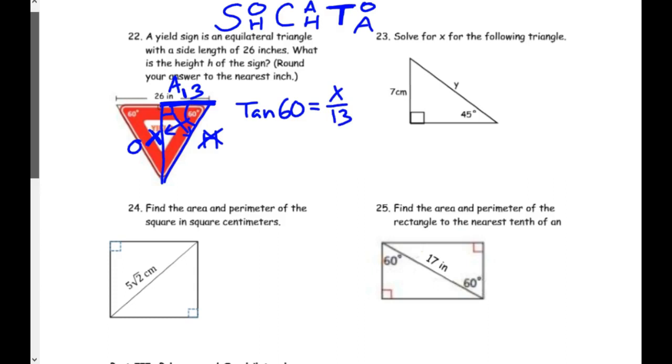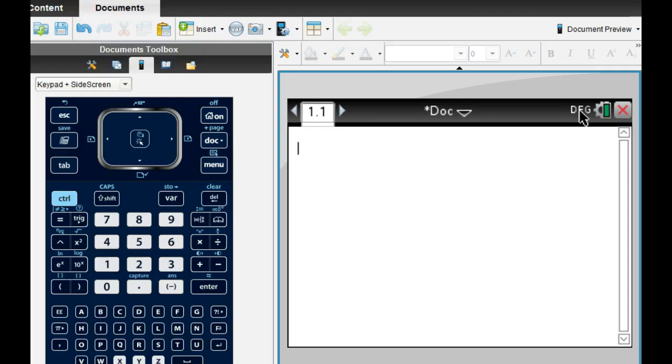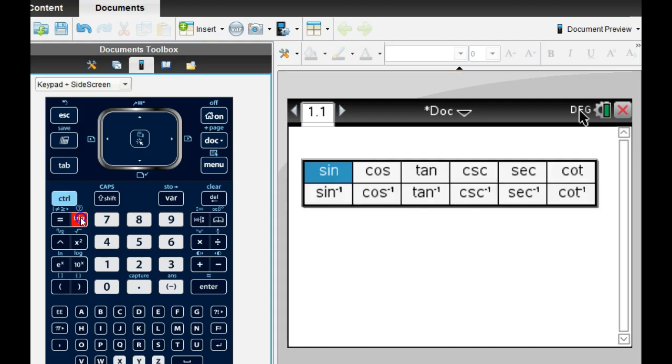And then how do I get rid of that divided by 13? Times 13. So I need to do tan 60 times 13. Now you might remember this. I hit this trig button right here. Okay, so I'm going to hit the trig next to the number 7.